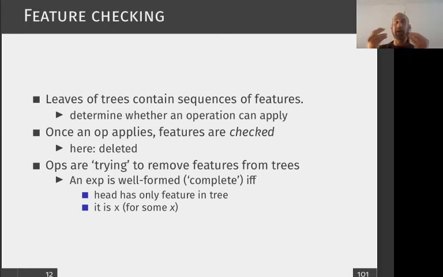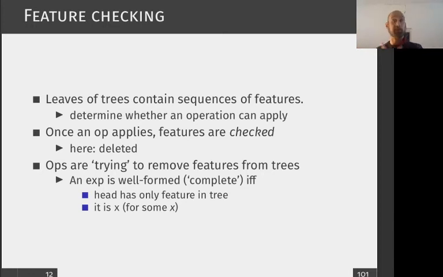So the head of a well-formed or complete expression has one feature and one feature only, and that is a category feature, like I'm an S, I'm a D, I'm a V. It has no desires and no lexical items, no leaves elsewhere in the tree have any more features. So all of the features everywhere in it have been eliminated, but for its single solitary category feature. Okay, then it is complete. Okay, it has been made one with everything.